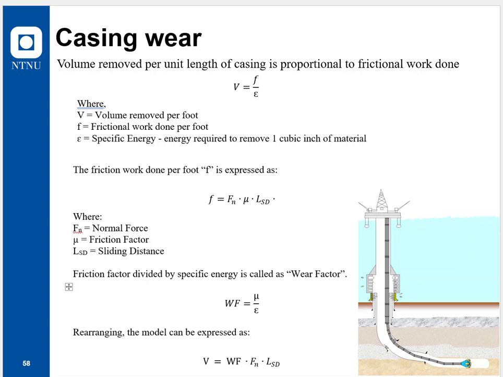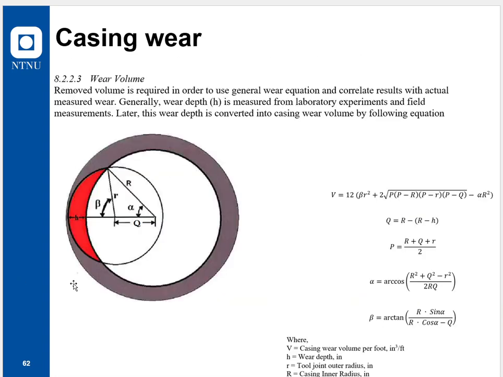It has to be calculated back to a remaining wall thickness that we are using in our casing design analysis. It is time. We ended up doing the basics of casing wear.